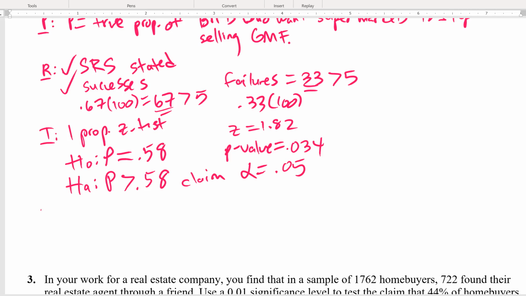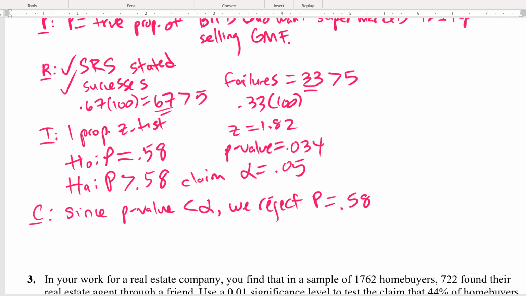Based on this, conclude that since the p-value is, how does it compare to alpha? Well, it's less than alpha. So I go to my notes. Less than is significant. That means we get to reject the null hypothesis. Reject that the proportion is equal to 0.58. And conclude the alternative, that it is greater than 0.58.